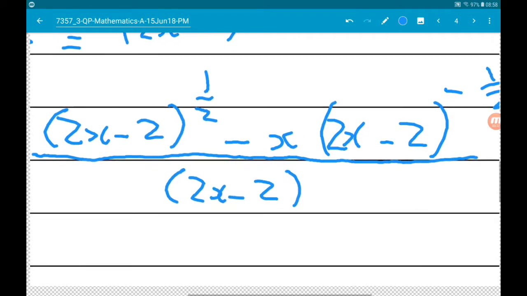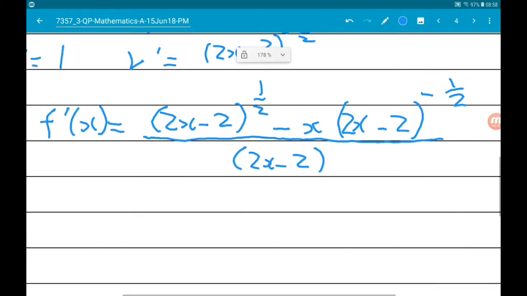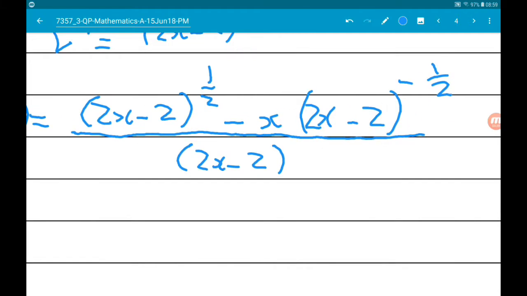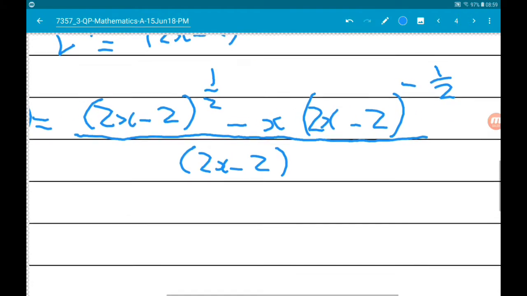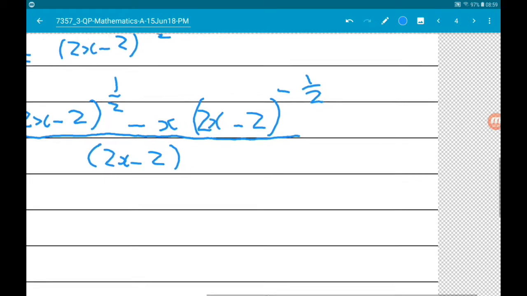Okay, so we can now do something. Let's multiply the top and the bottom by 2x minus 2 to the power of 1/2.